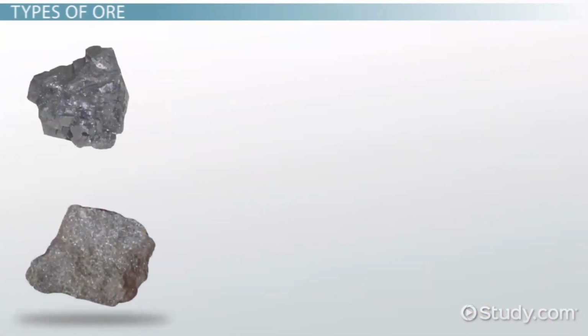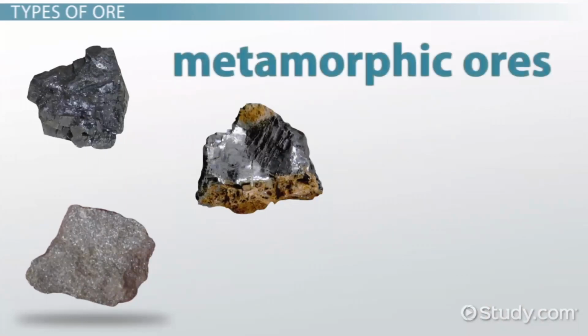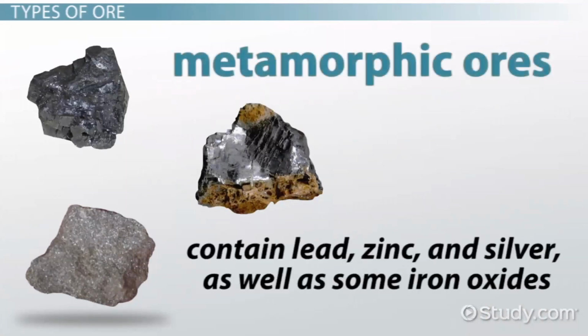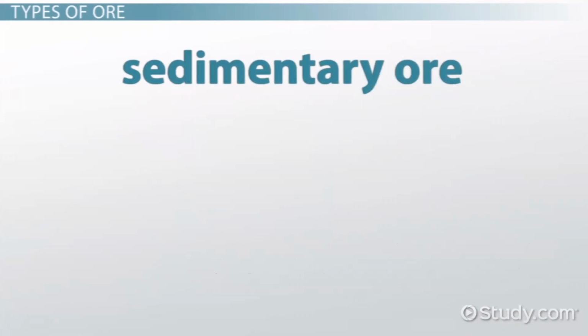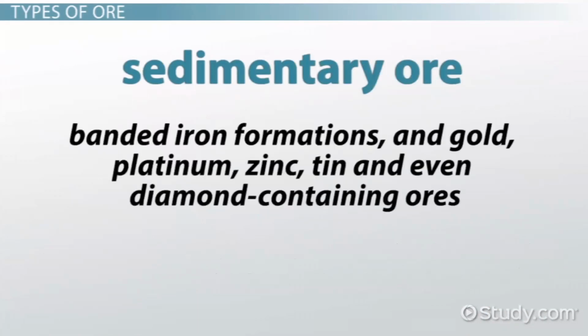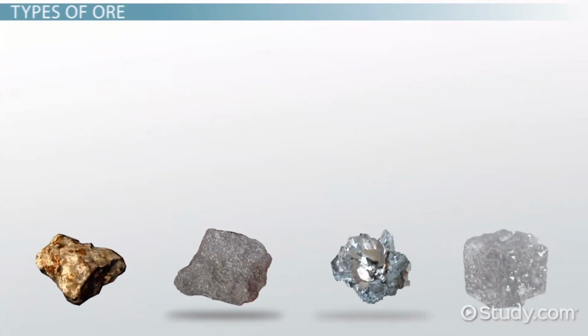As you can imagine, if ores can form from igneous processes, then they can also form from metamorphic or sedimentary processes. Metamorphic ores often contain lead, zinc, and silver, as well as some iron oxides. Sedimentary ore deposits include banded iron formations and gold, platinum, zinc, tin, and even diamond-containing ores that formed in sedimentary environments.